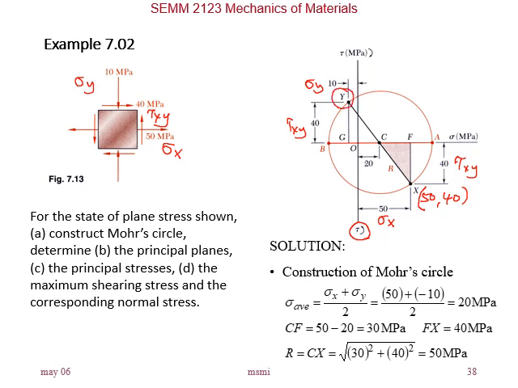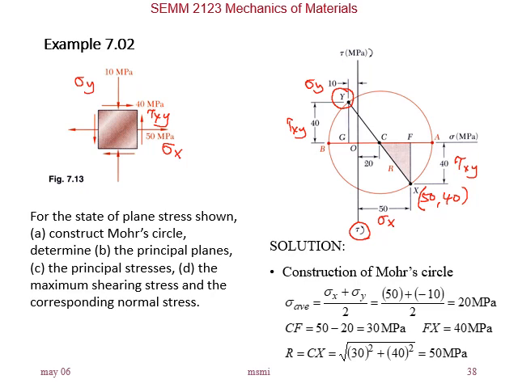Okay, so we have point x and point y. Join the 2 points together, you get point C in the center, and you draw a circle which will straddle both point x and point y. Now this circle represents the state of stress at various orientations of the stress element.